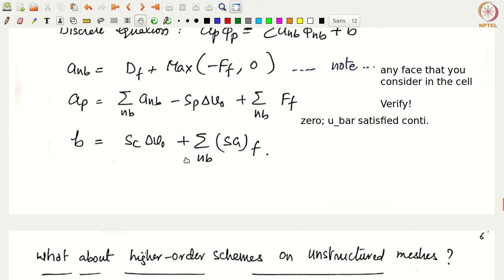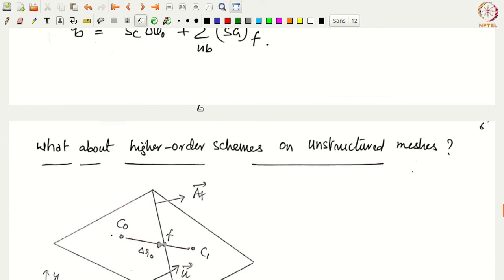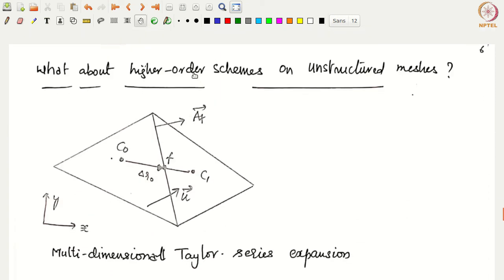One question we did not answer is, how about higher order schemes? Can I extend the higher order schemes that we have learned, the second order upwind scheme or the QUICK scheme, to unstructured meshes? Yes, of course we can. This is very regularly used in all the software. So we will look at implementing higher order schemes on unstructured meshes.